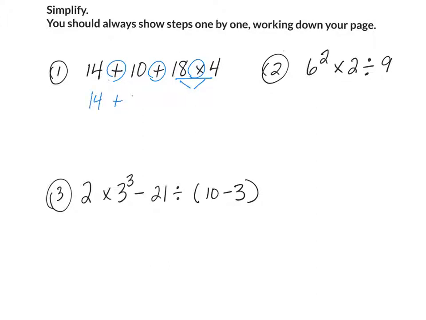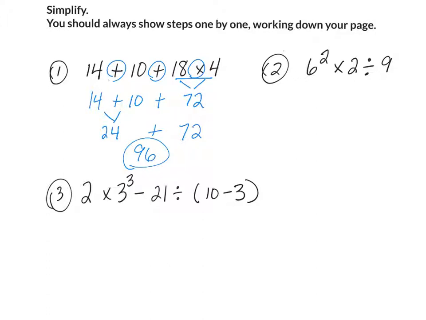And now I can add from left to right across my page. I'm going to add 14 plus 10 first and get 24. I bring down what's not simplified yet, 24 plus 72. If I need to, I can write this over on the side, but my simplified expression equals 96.